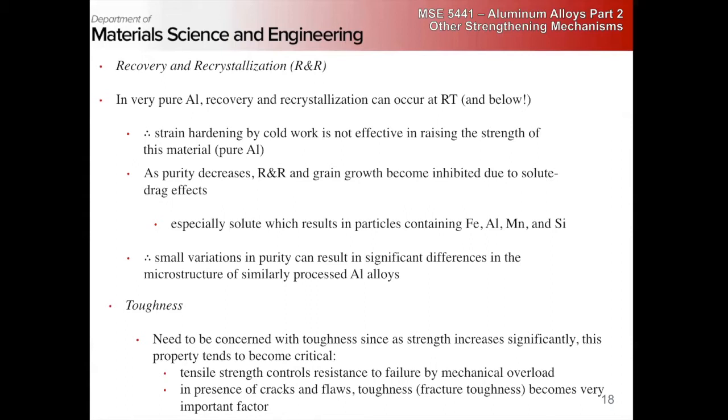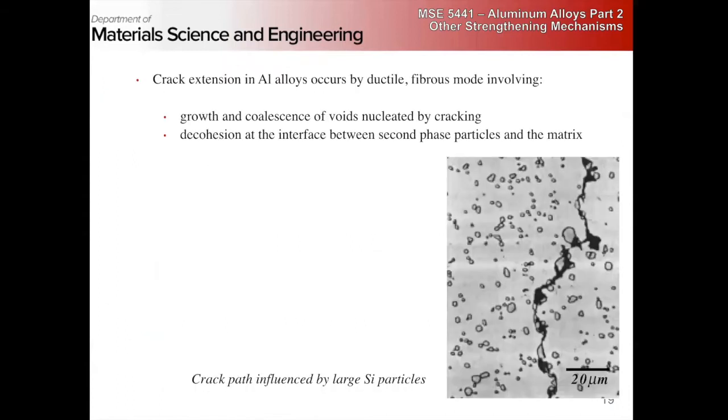Right? It's going to be ductile, right? But what if we have a whole bunch of big coarse intermetallic particles in the way, right? Essentially, we get things like this. We get crack paths that follow these large silicon intermetallic particles, right?